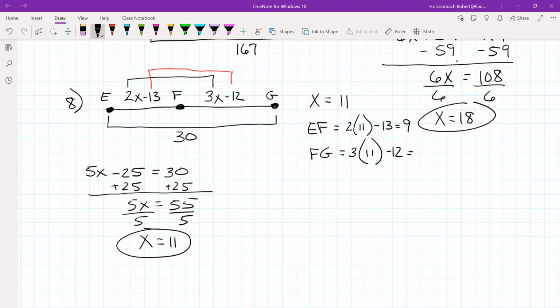So 33 minus 12 is 21. All right, and just make sure that it works, meaning we got a 9 here and we've got a 21 here, and 9 plus 21 is 30. So there's your x, there's your E to F, 9, there's your F to G, 21.